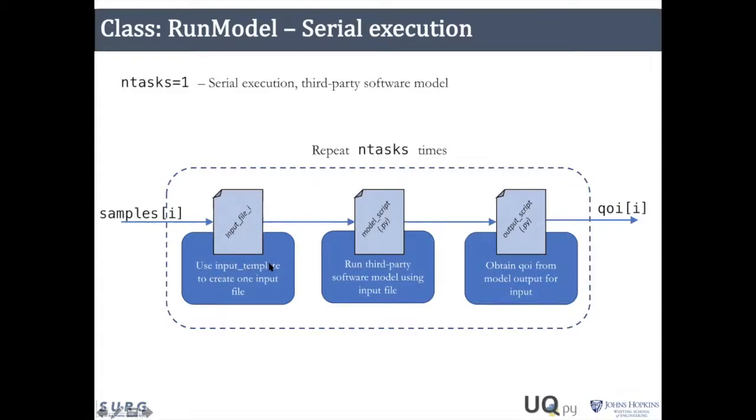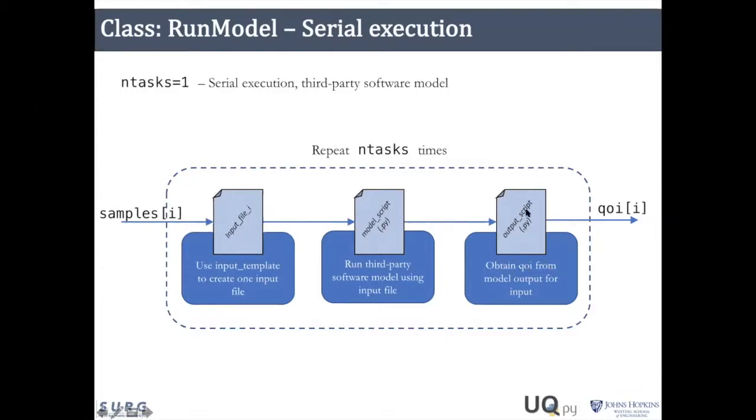The ith sample value is used along with the template input file to create the ith input file to the model. Now this ith input file is used by the model script to run the third-party model, and then it generates some model output.